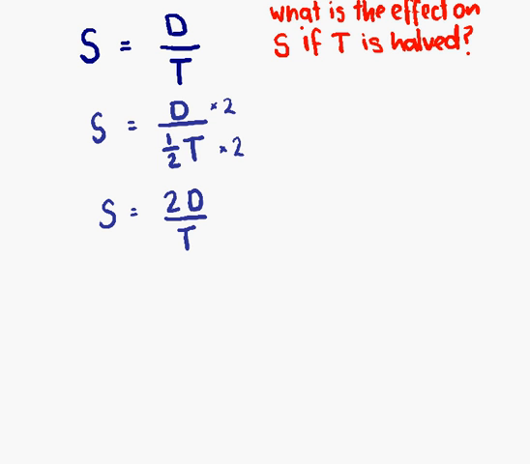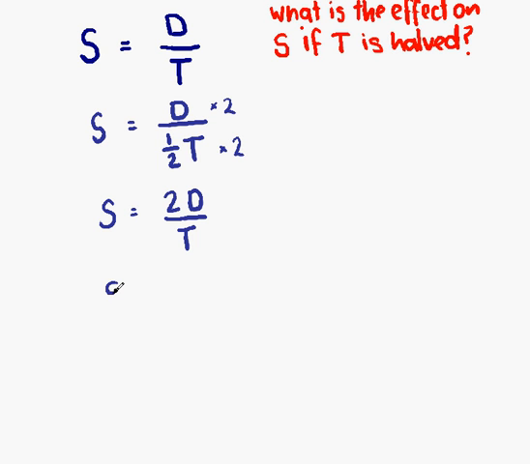Our question asked us what was the effect on s if t is halved. So what we want at the end is we want something similar to our top line d over t, but then we want to know what it is multiplied by so that we know the effect on s. So how do we separate the d over t part from the 2? Well, s equals 2d over t.